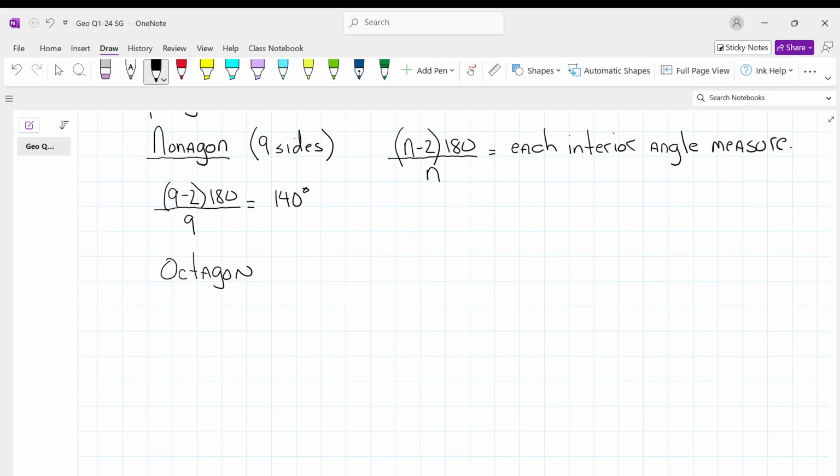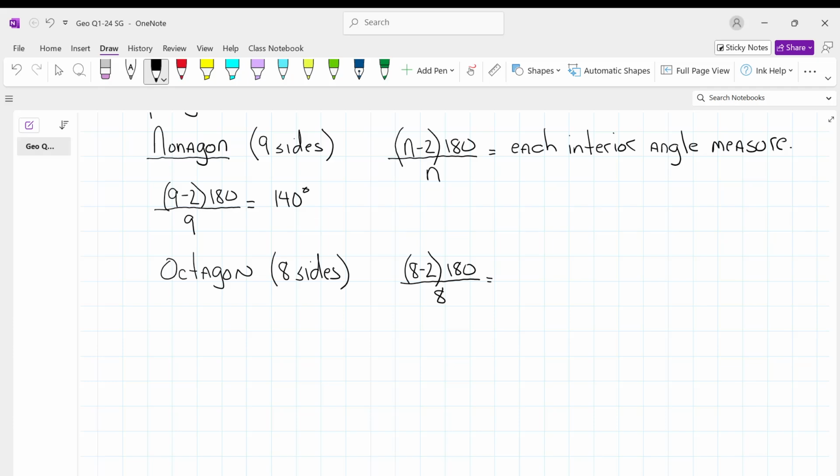All right, and an octagon has 8 sides. So the formula that we're going to use is 8 minus 2 times 180 divided by 8.